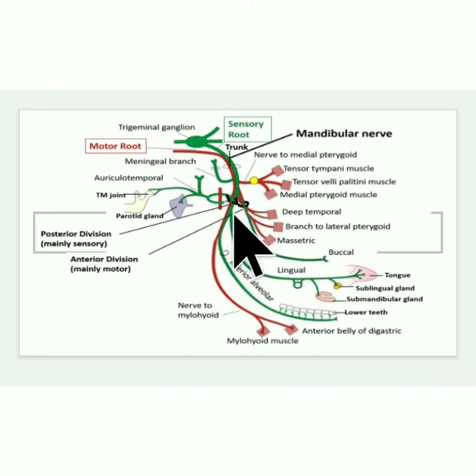After passing between the medial pterygoid and lateral pterygoid muscles, it reaches the lower border of the lateral pterygoid muscle, and it runs downward and forward between the ramus of the mandible and the medial pterygoid. We know that on the medial surface of the ramus of the mandible there is the insertion of the medial pterygoid muscle.